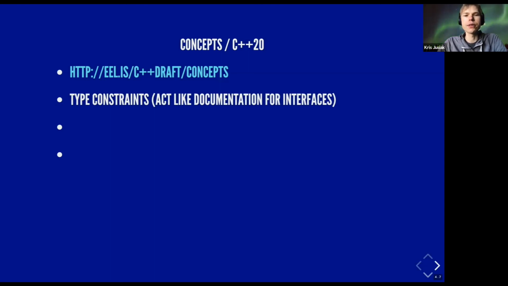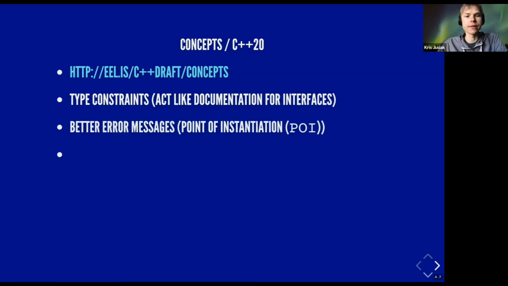You can also do similar things with the types, which were lacking. And the main problem why the concepts were introduced was that the compilation errors were coming from the libraries where they were used, not where they were instantiated. And concepts allow us to do the early check, and if it's not satisfied, just to bail out. So we get better error messages because of that.